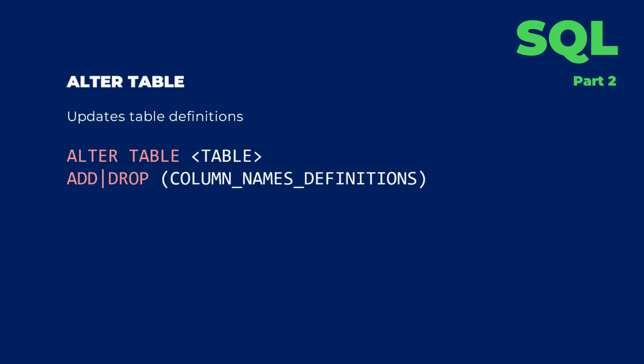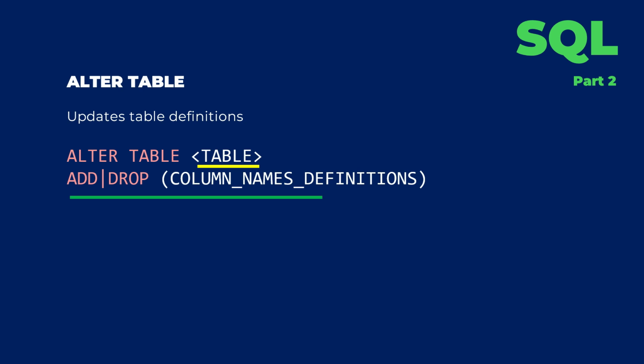To update table definitions, we use the alter table statement. The basic statement requires the name of the table to be altered after the keywords alter table, followed by the list of changes to be made. Ideally, tables should never be altered after they contain data.